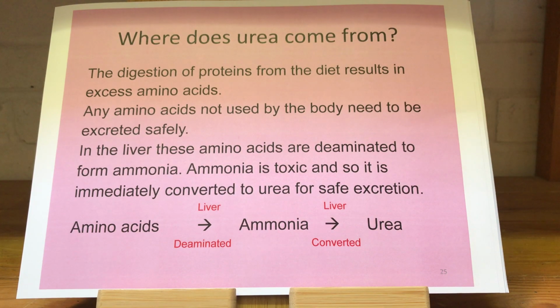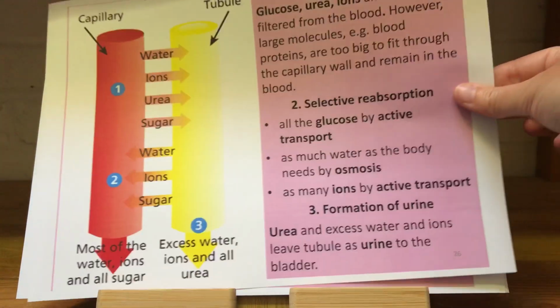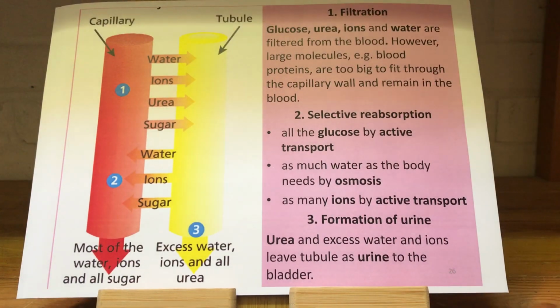Now, we've got two directions that the exam board can go with the role of the kidneys. One is, how do we get rid of urea from the blood? And the other is, how do we control water loss from the blood through the kidneys? This one is looking at the loss of urea. The next one is looking at that water control.